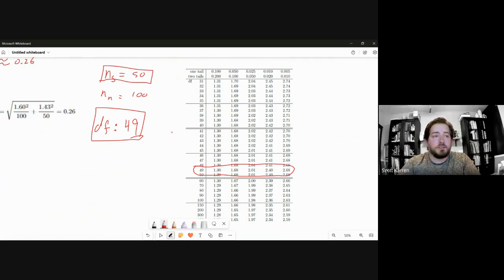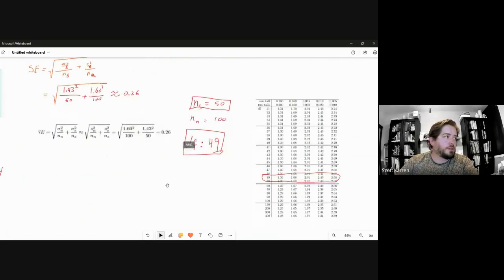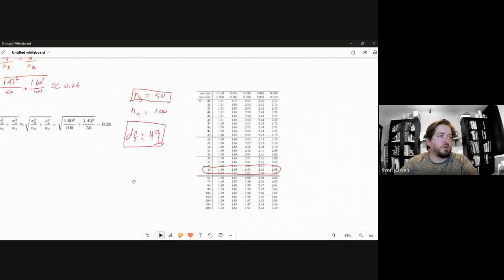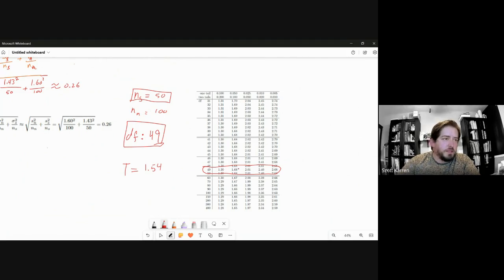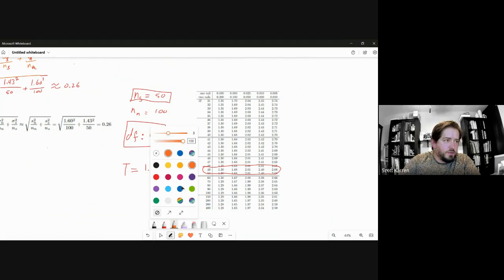Okay. And so this T value that we found, I forgot what it was because it's over there, 1.54, is somewhere between these two. 1.54 is somewhere in here, right?